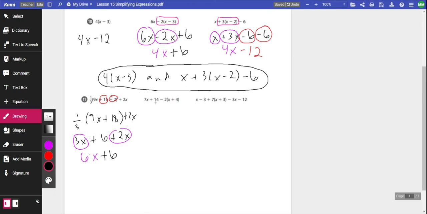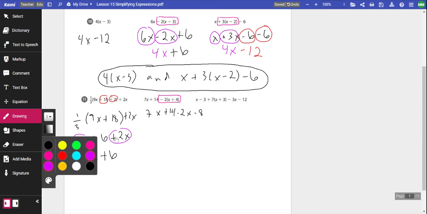In the middle, again, I'm going to start with distributive property. And so I still have 7x. I still have plus 14. Then negative 2 times x would be negative 2x. And negative 2 times 4 would be negative 8. And so then I can combine my like terms.